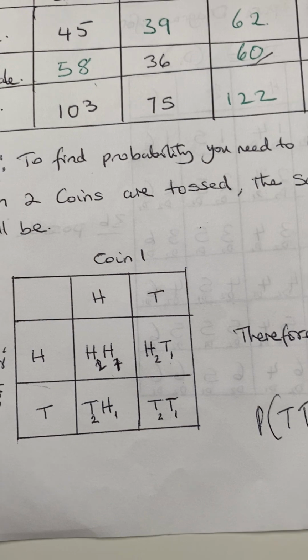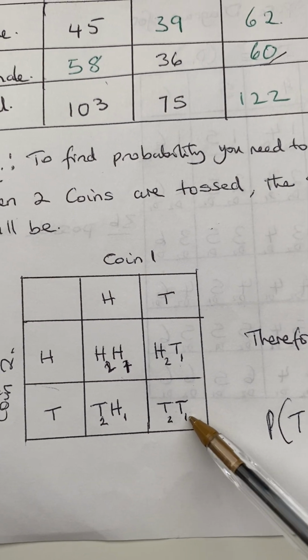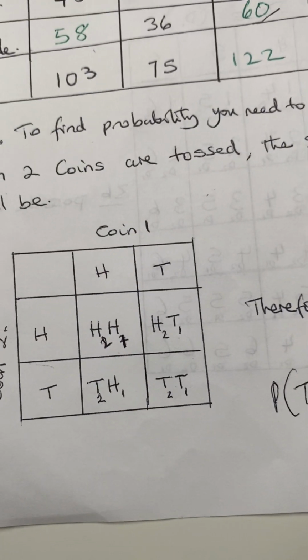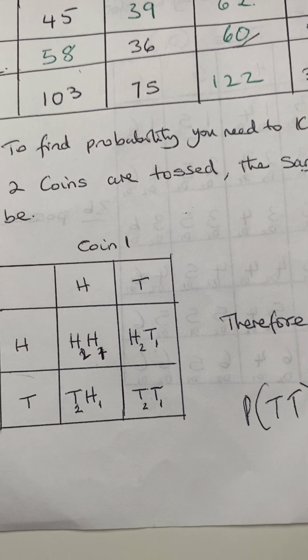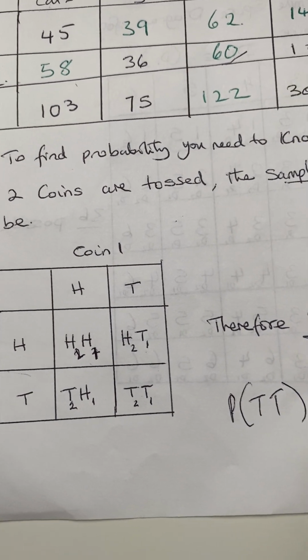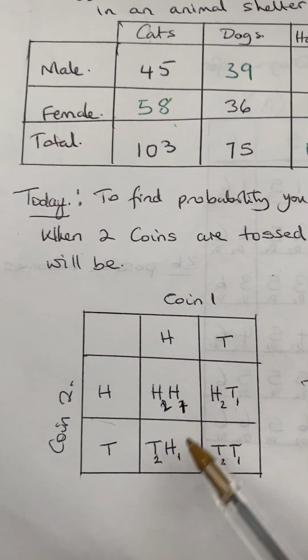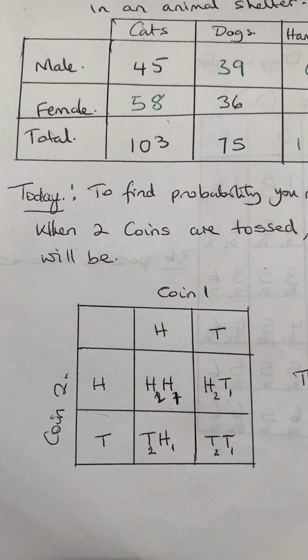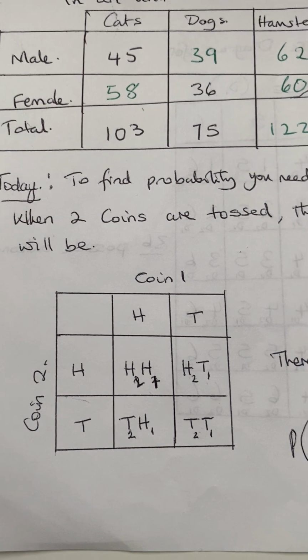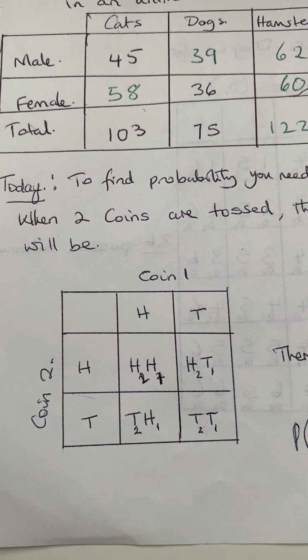Because you can only get one possible outcome there, it's one possible outcome out of all the 4 possible outcomes. Yesterday I gave you the formula for finding probability, so you can go and have a quick look.